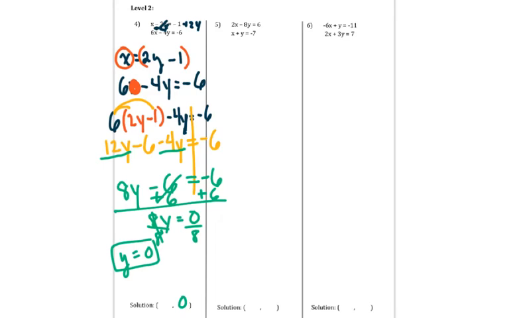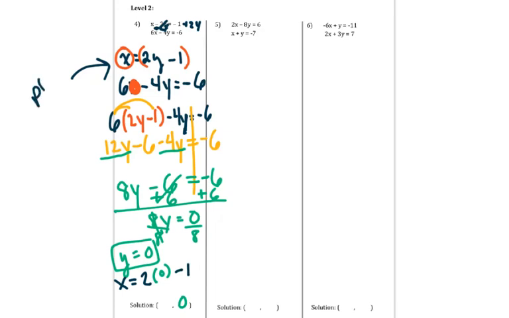So now I take that and I plug it back into this x equals equation because I want to know what x equals. You could pick any equation and plug it back in, but it's easiest to plug it back into the one that says x equals. So it says x equals 2y, which I now know is 0, minus 1.